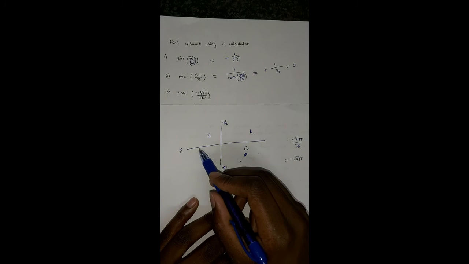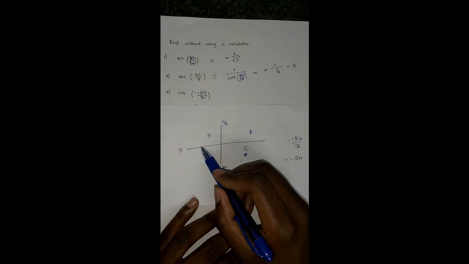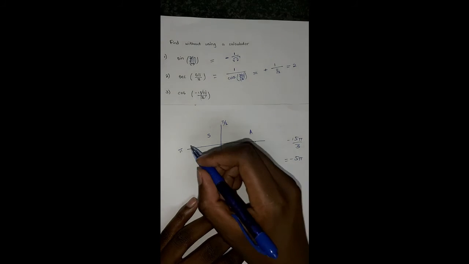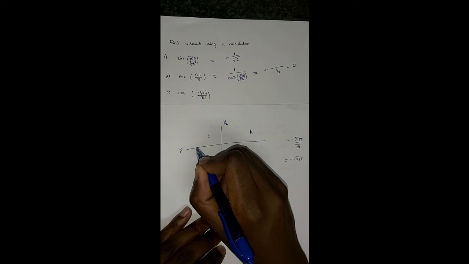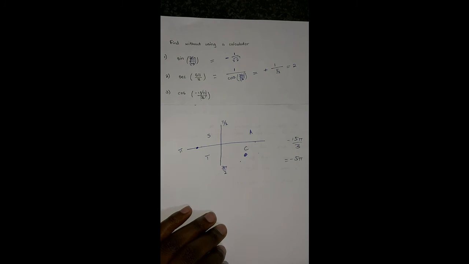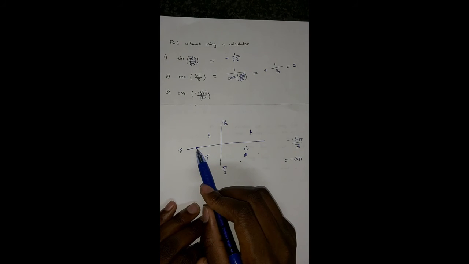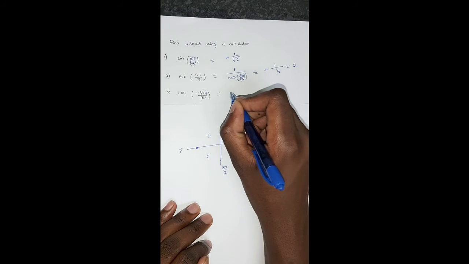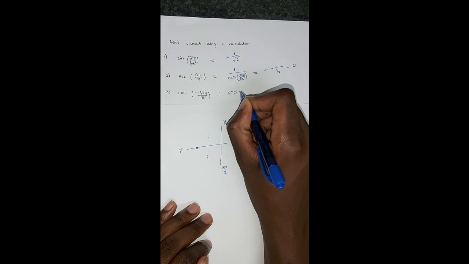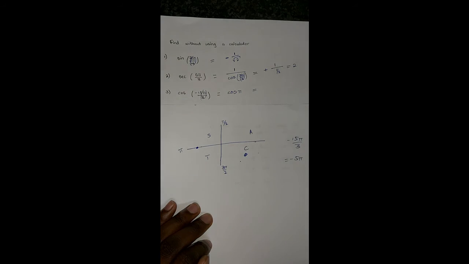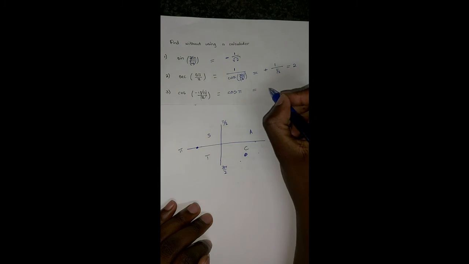So there's negative 1 pi, negative 2 pi, negative 3 pi, negative 4 pi, negative 5 pi. We're over here. So it's basically cos of pi. We can just rewrite this as cos of pi, that's equal to negative 1.